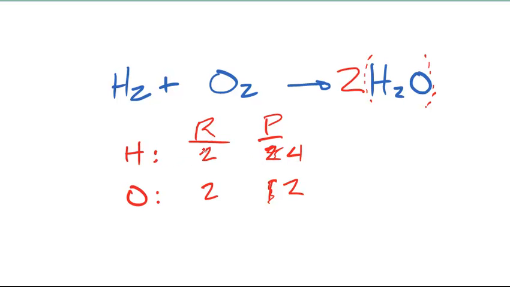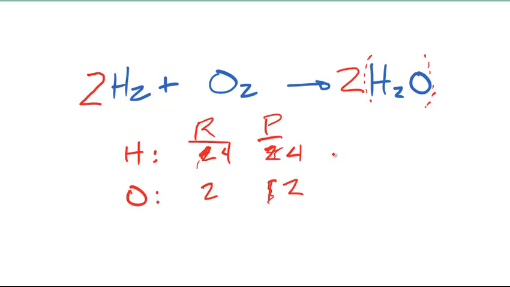So we need to increase the number of hydrogens on the reactant side from 2 to 4, and then we'll be balanced. In order to do that, we put a 2 coefficient here. Now that's 2 times 2 hydrogen atoms, and now everything's in balance. We've got 4 hydrogen atoms on the left and the right side, and we have 2 oxygen atoms left and right.